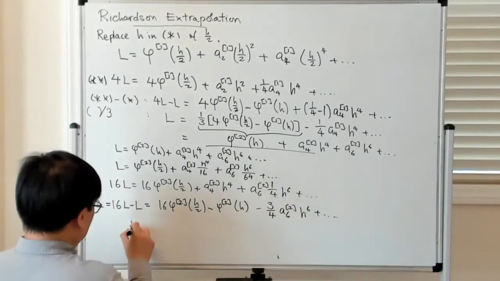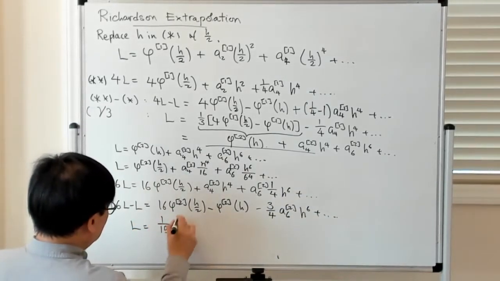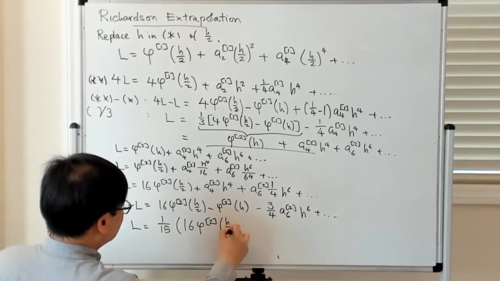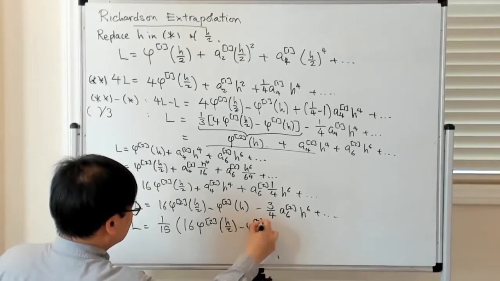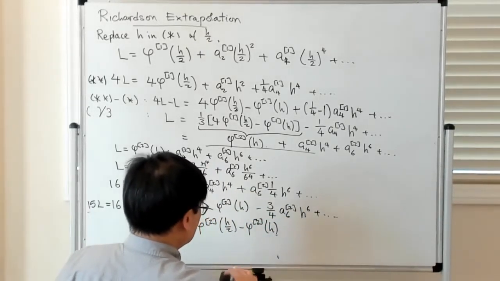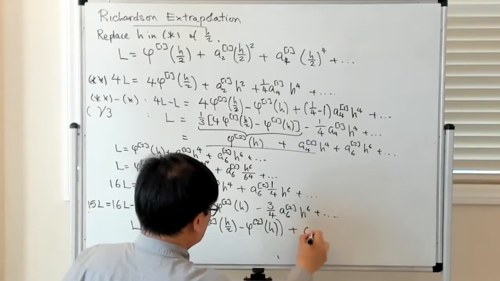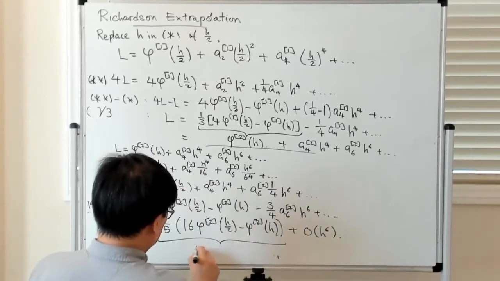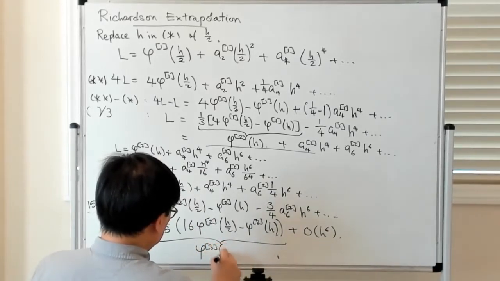Okay, so that means that L is equal to 1 over 15, 16 times phi 2 h over 2 minus phi 2h, right? And then there's an error term which is big O of h to the 6 now. And this is what I'm going to call phi 3h.